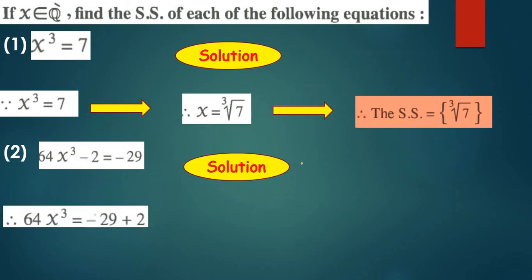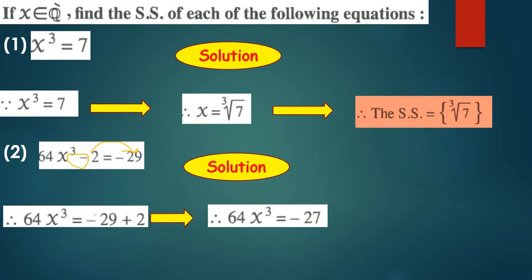In this example, we take 2 to the other side with the opposite sign: negative 27 plus 2. So 64 x power 3 equals negative 27. We need x alone, then we divide by 64.